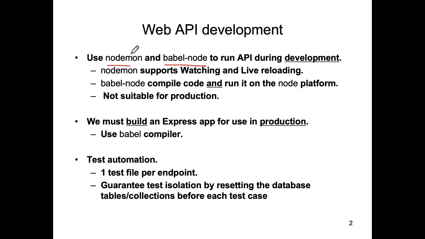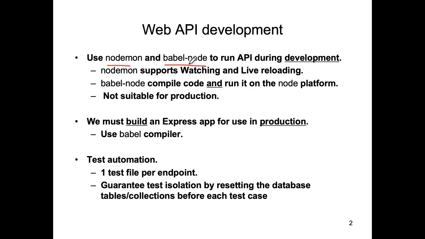NodeMon, as you know, monitors any changes to your files in your Web API development, and if a file changes, then it recompiles your Web API and makes that available to whatever server you're using. NodeMon actually does the watching part. It watches to see have you made any changes to your source files as you're doing your development.